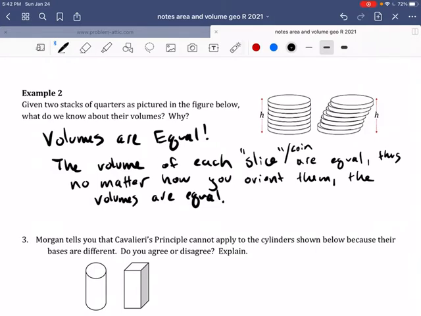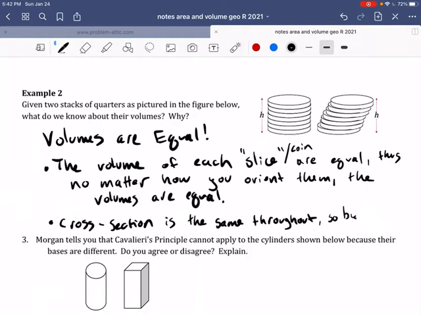So it's really important to know that. Another way that you could even describe it is that the cross-section is the same throughout. So by Cavalieri's principle, the volumes are equal. Okay? But that's Cavalieri's principle, and I think with coins it makes a lot more sense rather than talking about it abstractly with prisms.